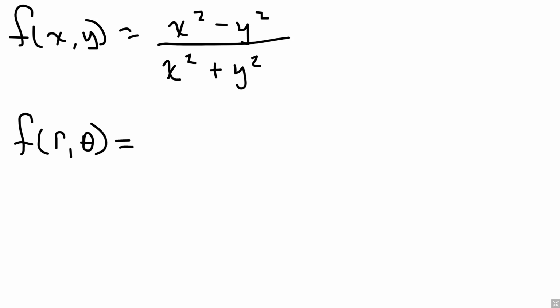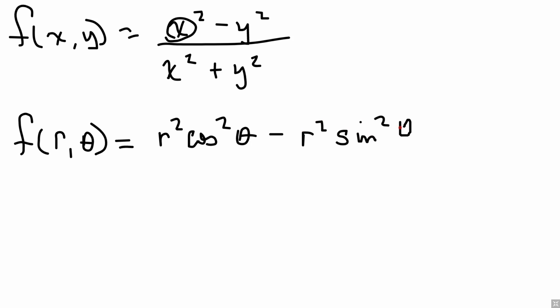In place of x, I could put in r cosine theta, squared. So it's going to be r squared cosine squared theta minus, in place of y, r squared sine squared theta.